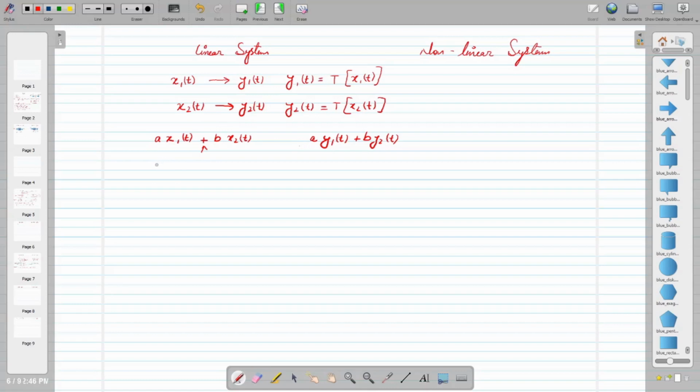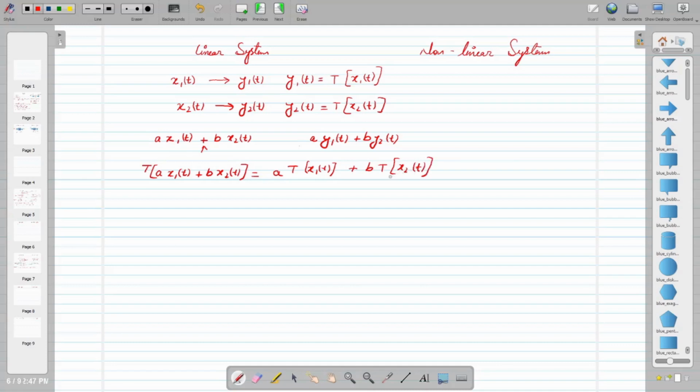Then we can write in mathematical form: the transformation of a x1(t) plus b x2(t) is equal to the constant a times the transformation of x1(t), plus b times the transformation of x2(t).